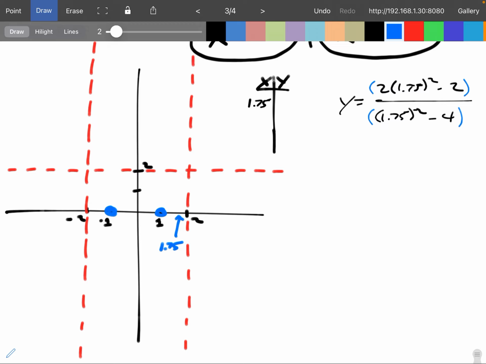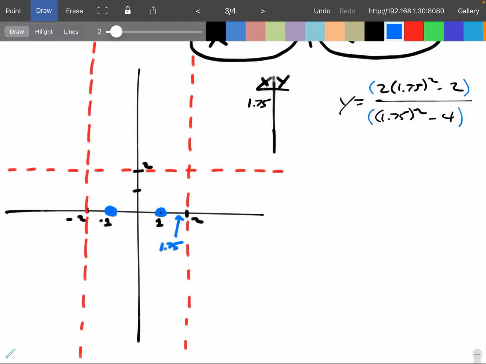Oops, I hit the wrong power. Hold on. No, I screwed it up again. Hold on. Delete. I got to start all over. I got 4.125 divided by 1.75 squared. I hit the wrong button. And then minus 4. Nope, I screwed it up again.